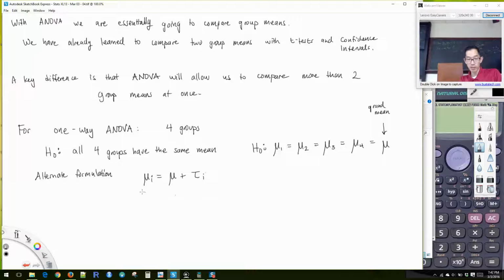So group i's mean is equal to the grand mean plus the group i effect.